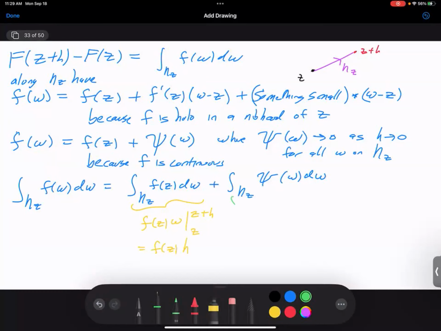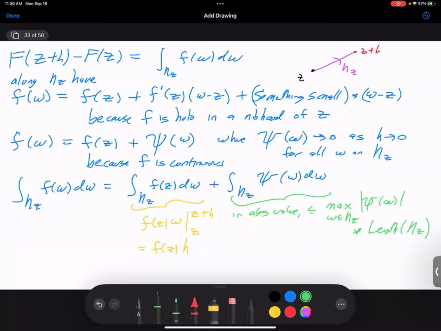Now let's look at the second piece. So in absolute value, this would be less than or equal to the maximum over w along the path eta of z of c of w times the length of eta of z. What's the length of eta of z?